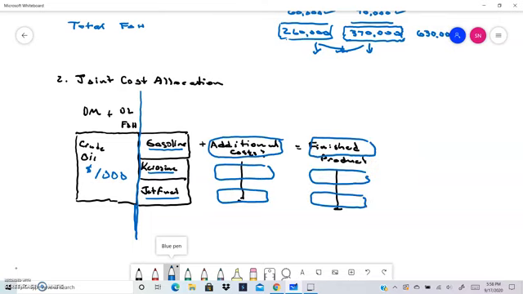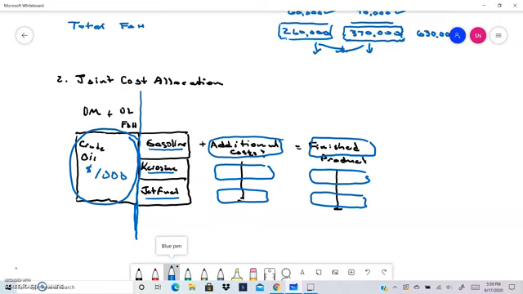But the problem is, at this point, we just have one big lump sum of costs, and we don't really know to what that lump cost relates, to which product it specifically relates, because we're refining a barrel of crude oil that's going to end up being part of 3 different products, and we don't know exactly how to allocate that cost between those 3 products.